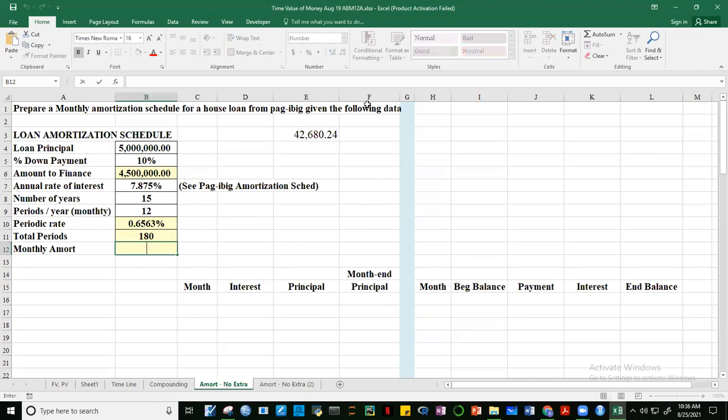Anong function na gagamitin natin dito guys? Unmute na lang. Anong function guys? Kindly unmute na lang. If you want to compute for the monthly amortization, what will be the function that we're going to use? Class, please.